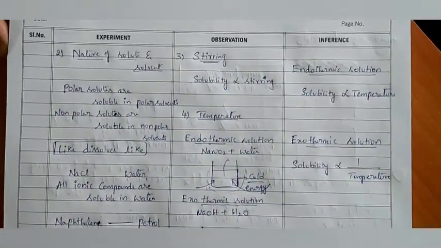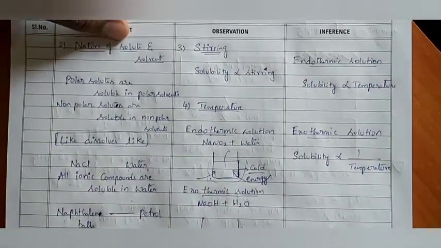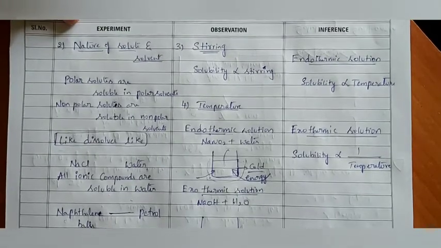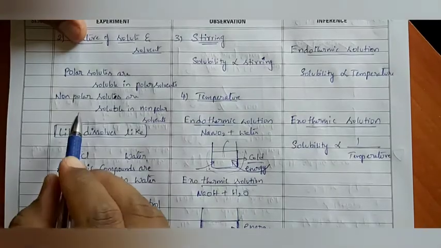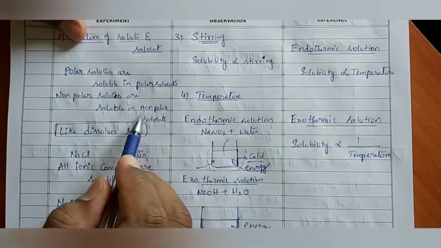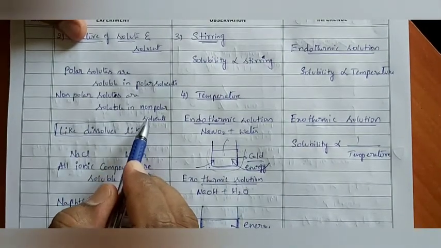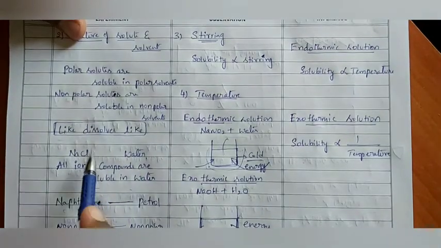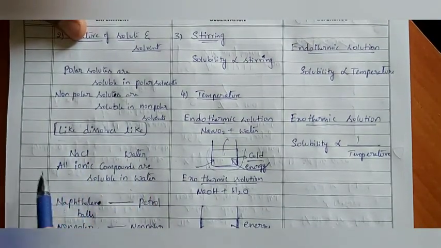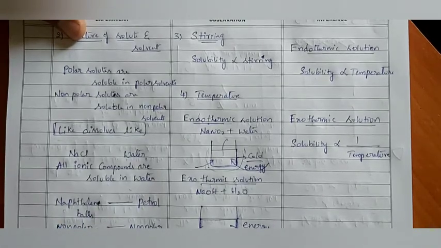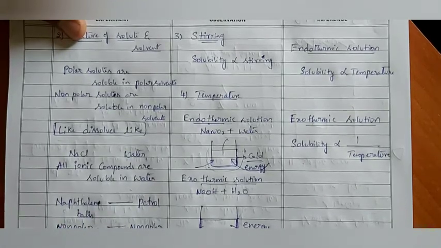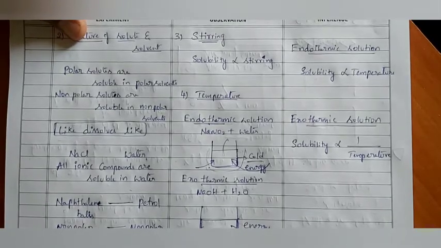Second one, nature of solute and solvent. In that we have seen polar solutes are soluble in polar solvents, and non-polar solutes are soluble in non-polar solvents. Like dissolves like. All ionic compounds are polar in nature, so they are soluble in water. Naphthalene balls, non-polar substances, will not be soluble in water. They will be soluble in non-polar solvents like petrol.